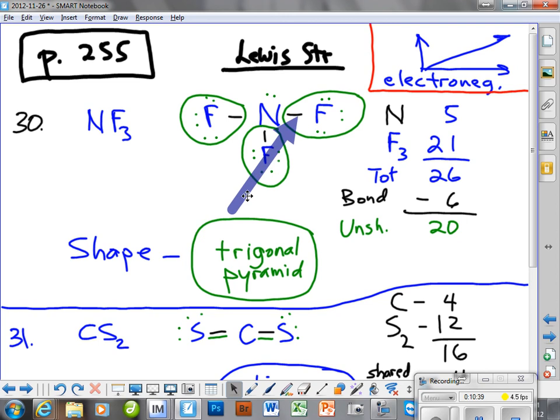All of them already having the bonding electron pair that bonded the fluorines to the nitrogen. And then you have an unshared pair up here, and that accounts for 6, 12, 18, 20, and that's our unshared. Now, why is this guy a trigonal pyramid instead of a trigonal plane? Well, let's look.